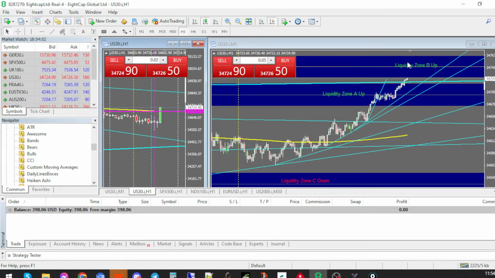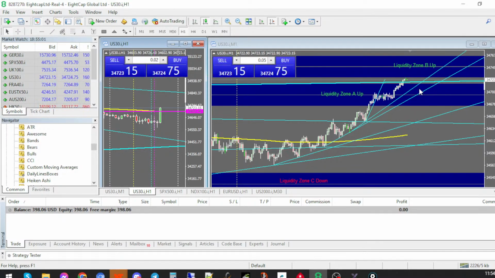We're looking for our entry around the B zone, or if price pulls back right now and breaks this trend line to the upside without hitting the B zone, then we're going to look for a sell.